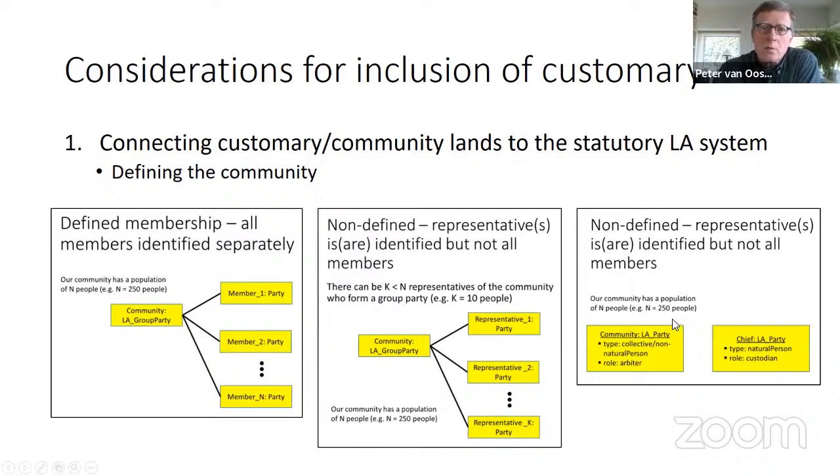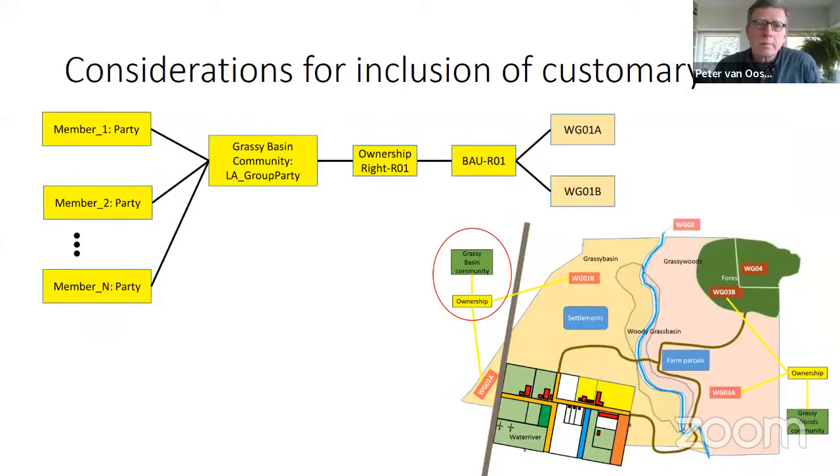Or it could be that it is not defined at all and we just have one party where it is not really explicit who are the members, but typically then the chief parties are used as contact persons, and also decide in case of changes what is happening. So what about this Grassy Basin?